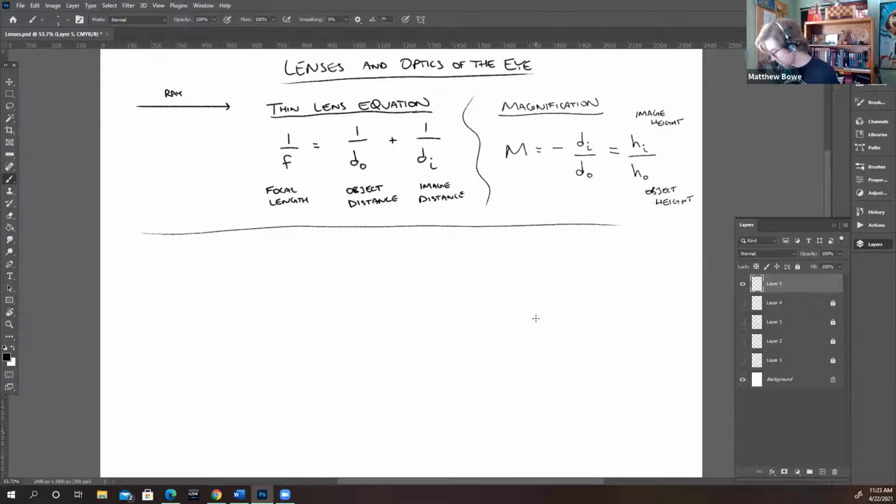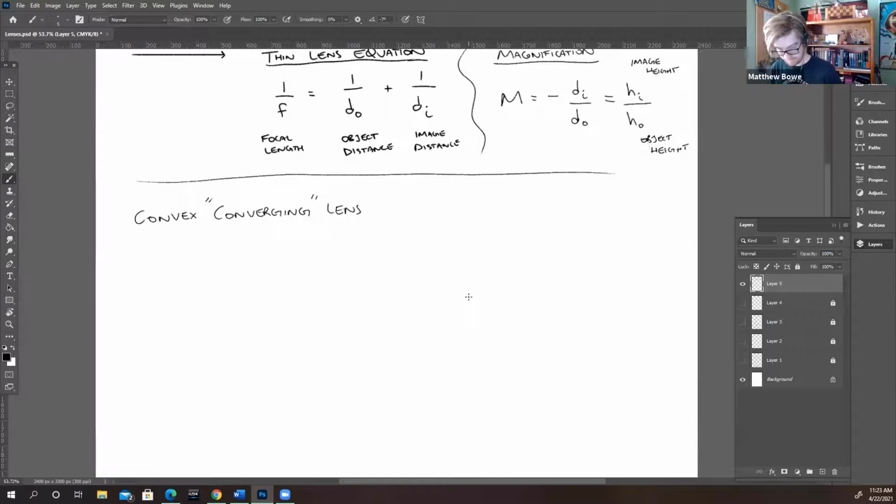There are two types that we'll cover. There is the convex lens, also called the converging lens. This is the one that looks like a football or an oval. It's larger in the middle, like that.